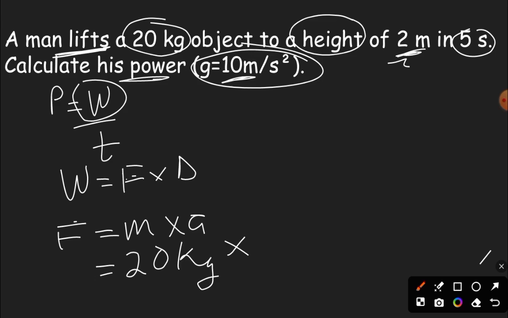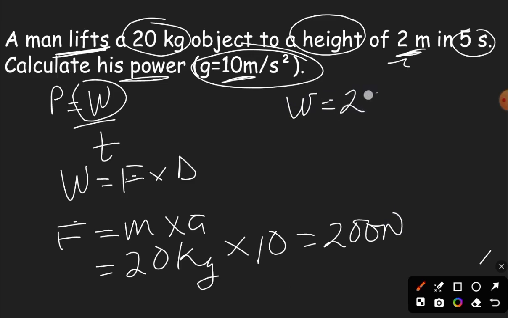No. So 10. Our force is going to be 200 Newton. So the work equals 200 Newton multiplied by the distance, 2 meters. So the work is going to be 400 joules.